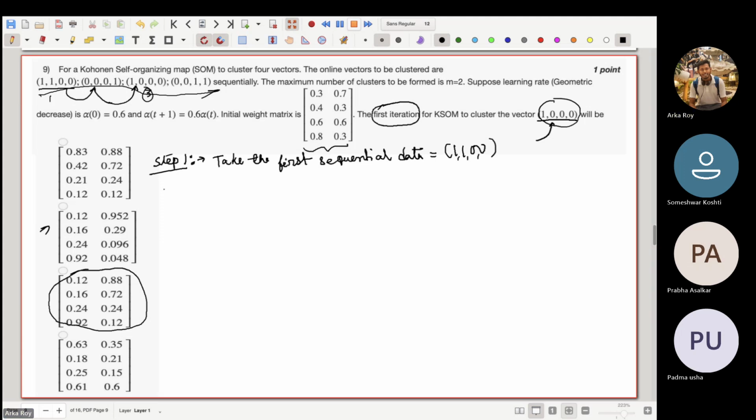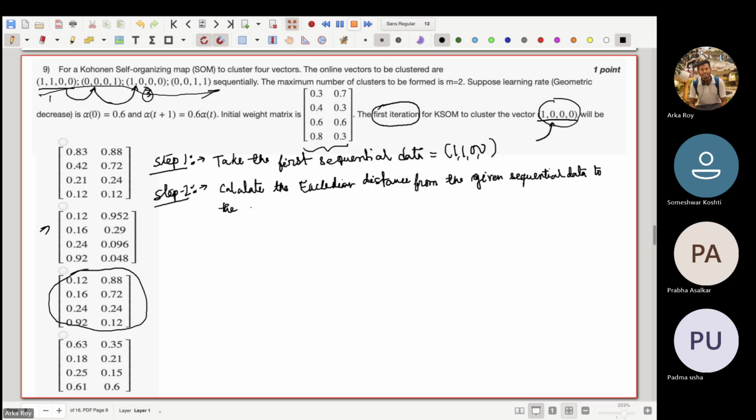Then step two, calculate the Euclidean distance from the given sequential data to the weight vector.